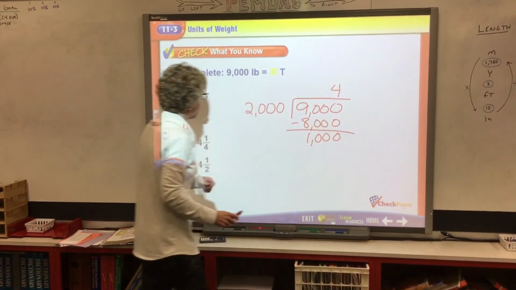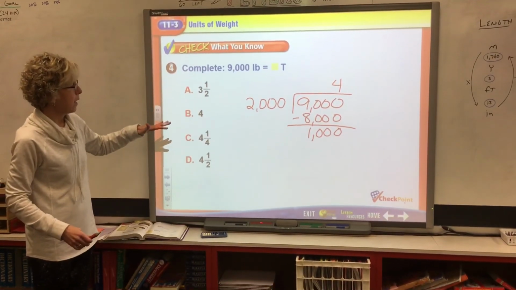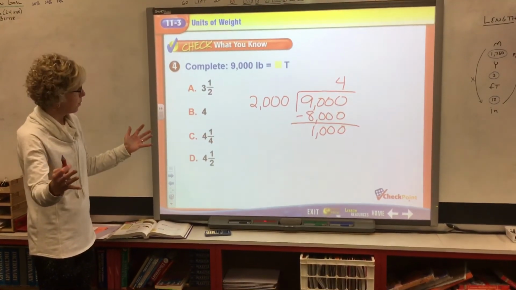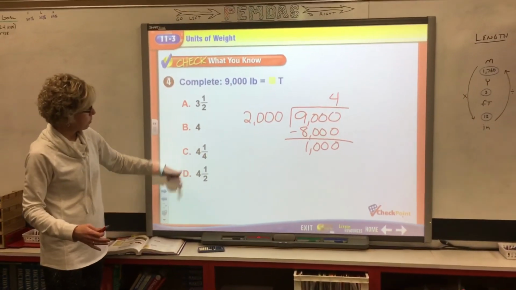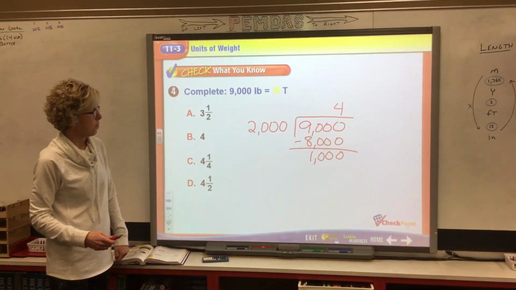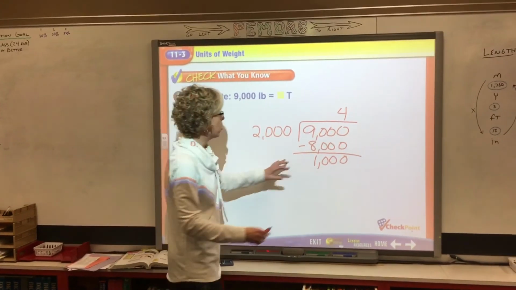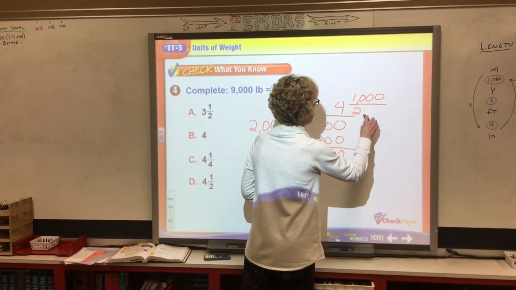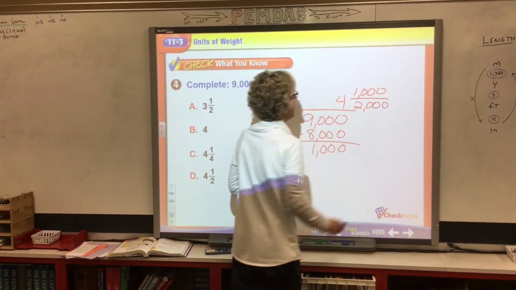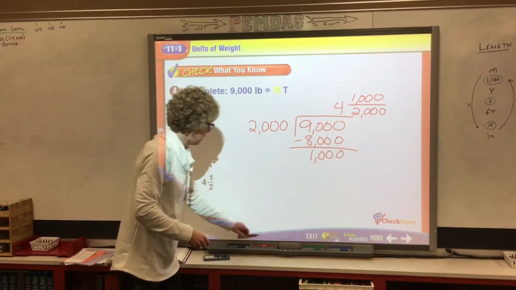Now, looking at my answers, I'm going to decide whether I'm going to express that as a decimal or as a mixed number. And when I look at our answers, we know they're going to express it as a mixed number. So I'm going to take my remainder, 1,000, over my divisor, 2,000, and then I've got some simplifying to do.